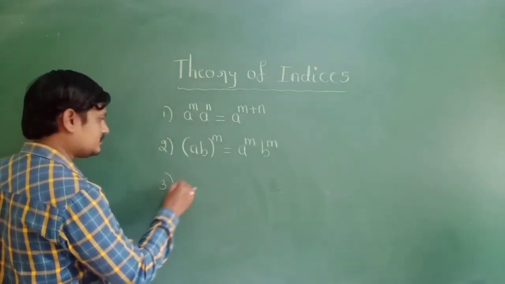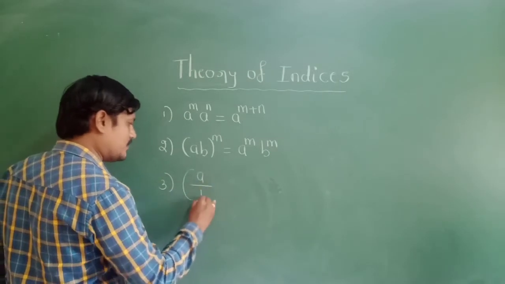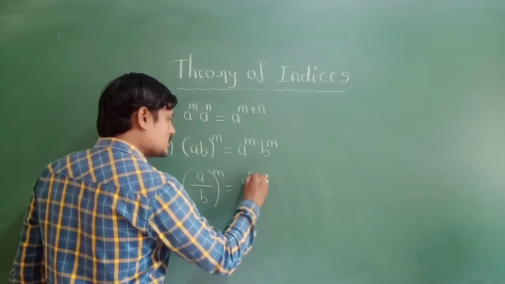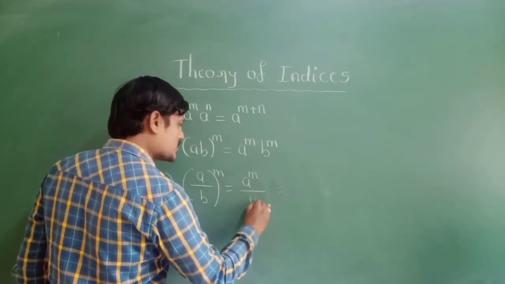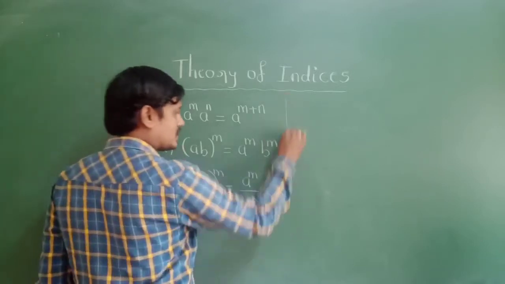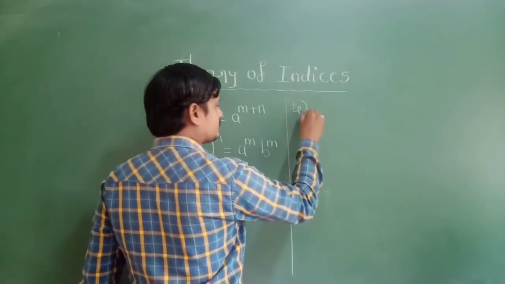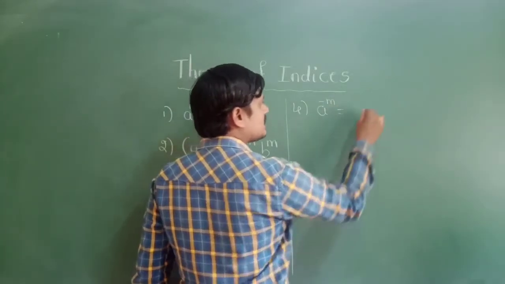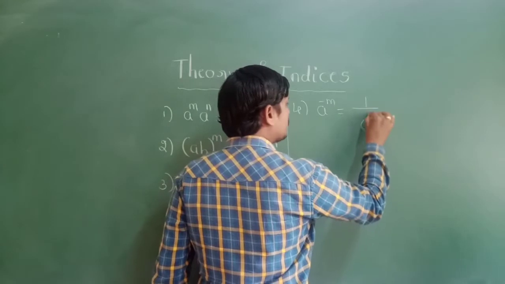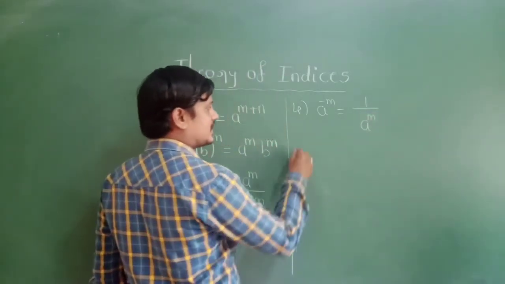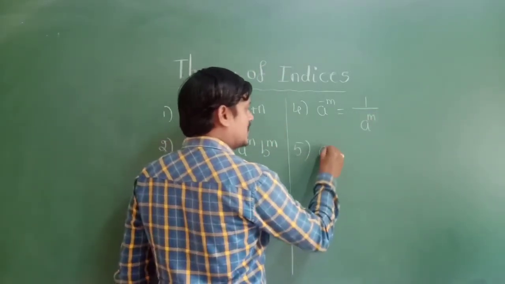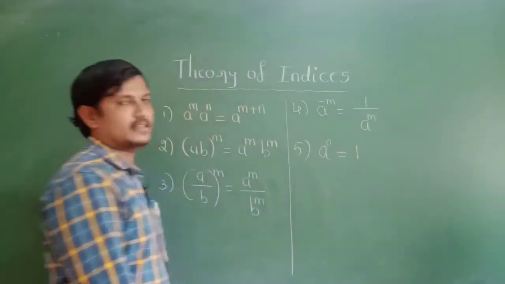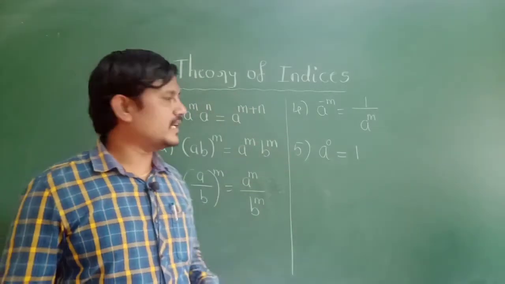Third one: (a divided by b) whole raised to m is equal to a raised to m divided by b raised to m. Fourth one: a raised to minus m can be written as 1 divided by a raised to m. Fifth one: a raised to 0 is equal to 1. These are some results of the indices.